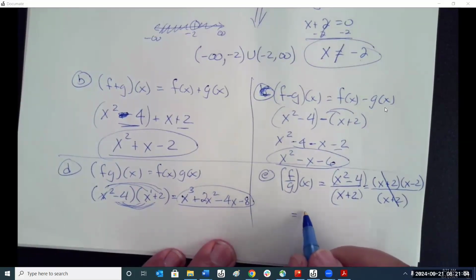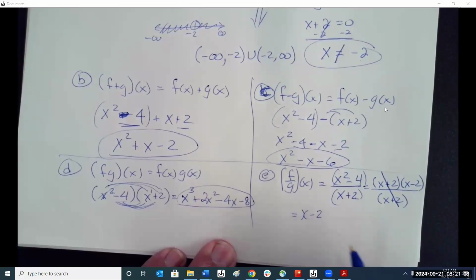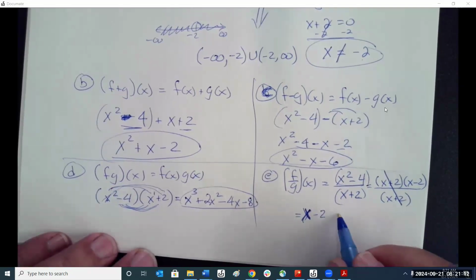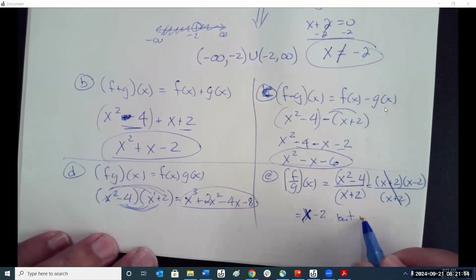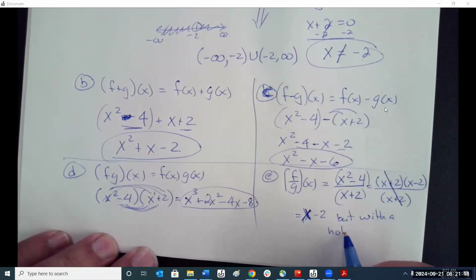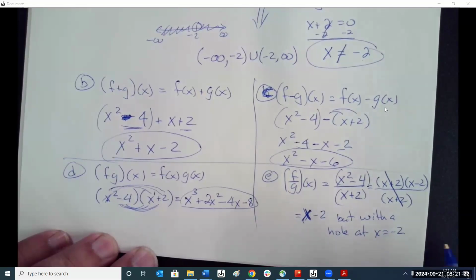So our graph is going to look like this equation, x minus 2, but with a hole at x equals negative 2, because that's what makes the bottom 0. So the graph will look something like this with a hole in there, wherever x is negative 2.